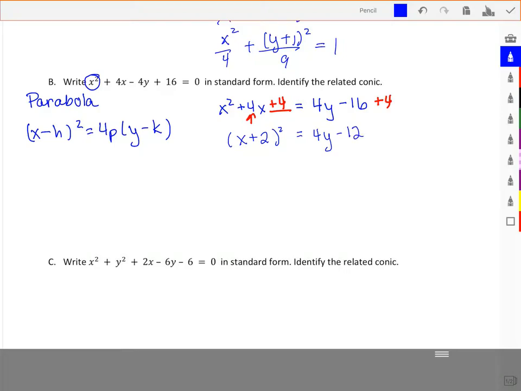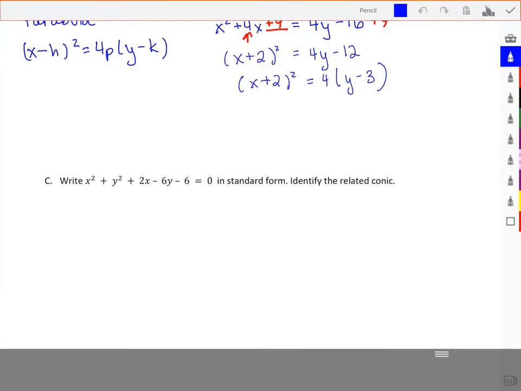Looking a lot like that standard form equation. We've got one more little bit to do. X plus 2 squared. Let's factor out the 4. So I've got 4 times y minus 3. And that is a parabola. The p in this case would just be 1. That's why there's not 1 in your equation.